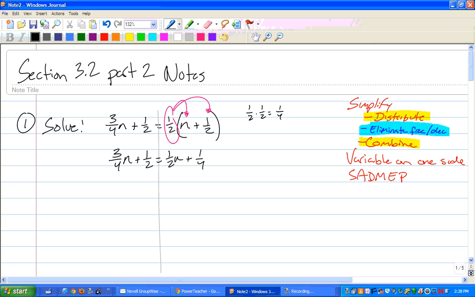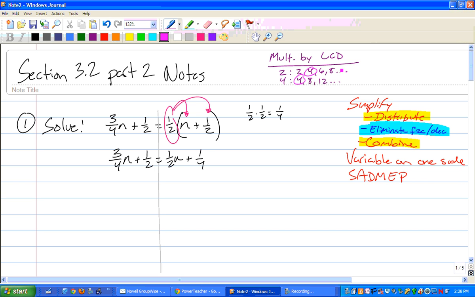Now this next step is where we're learning something new: we're going to eliminate the fraction, and we do that by multiplying by the LCD. The LCD is the lowest common denominator, and the key word here is the lowest.